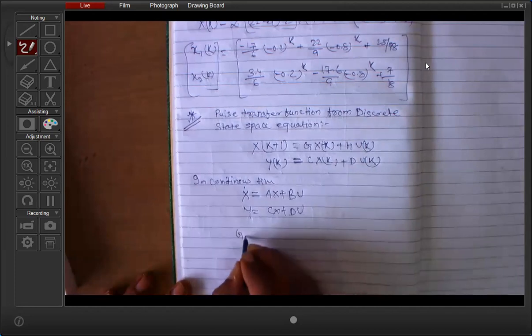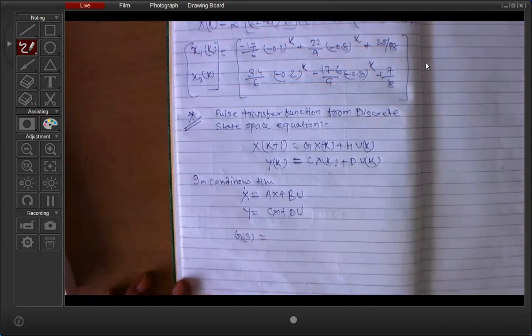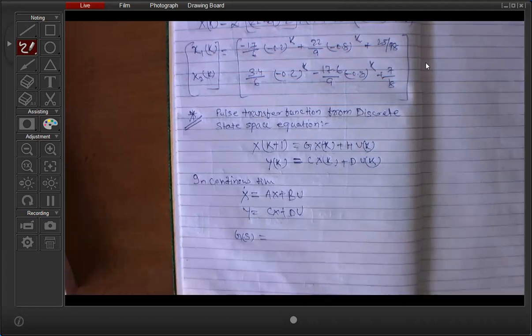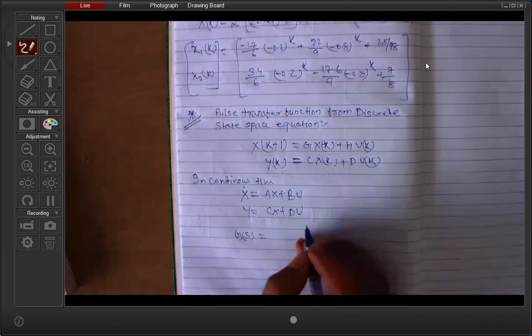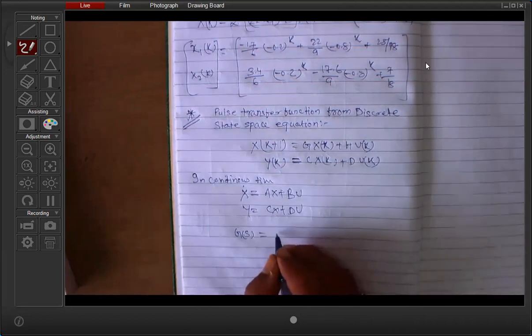Then in this case the transfer function of the system G(s) is equal to, what is the formula of transfer function? The Laplace of output by Laplace of input. No. From state space equation to transfer function conversion. So sI minus A. Yes, tell me. sI minus A.